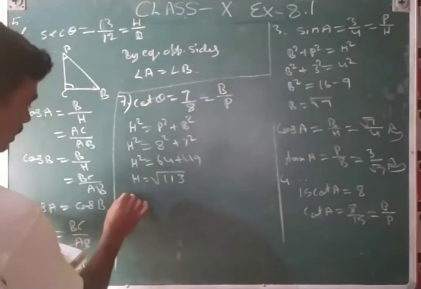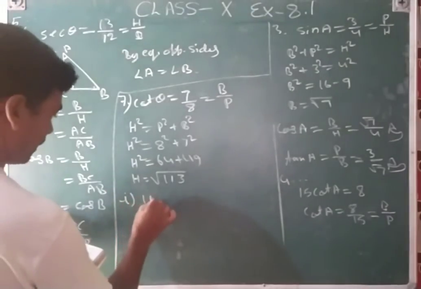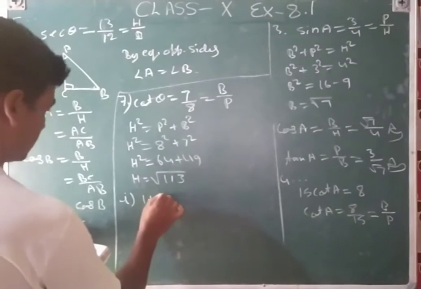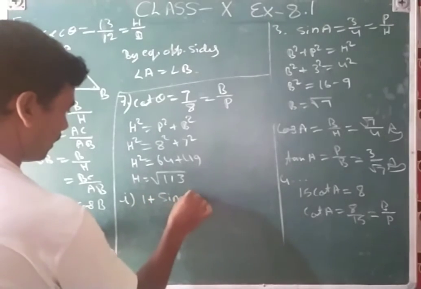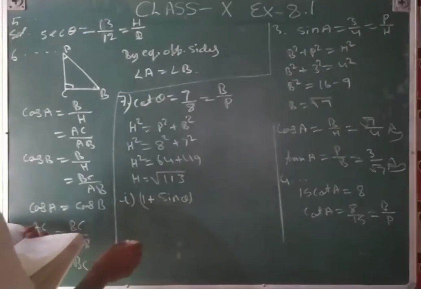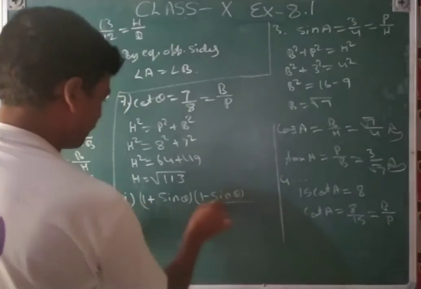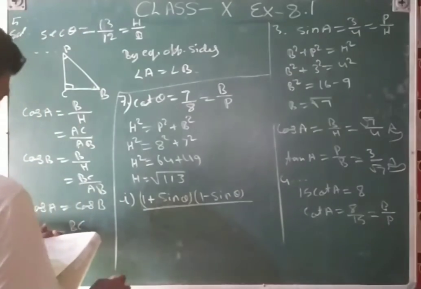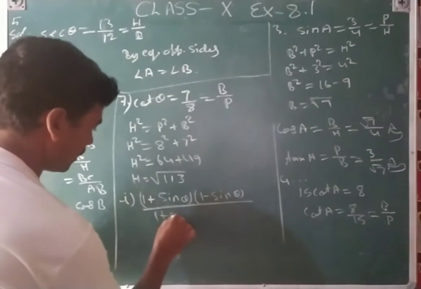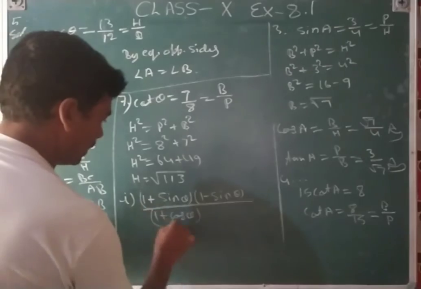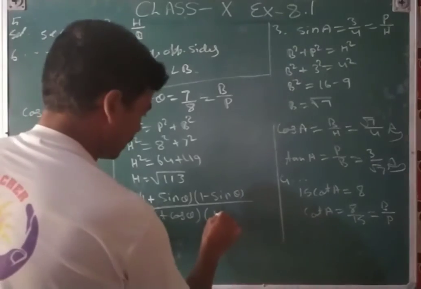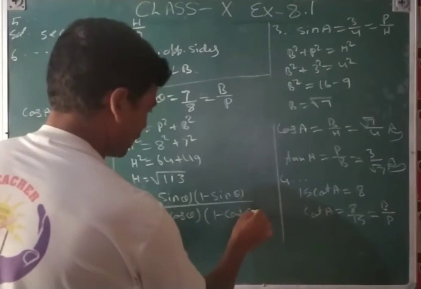Now the actual question: 1 plus sin theta and 1 minus sin theta upon 1 plus cos theta and 1 minus cos theta.